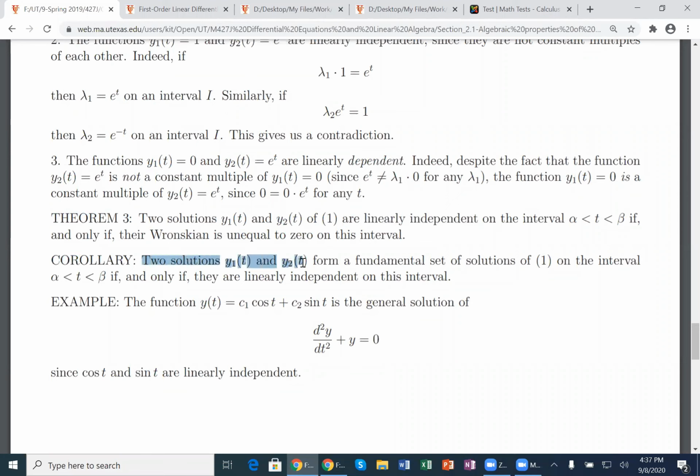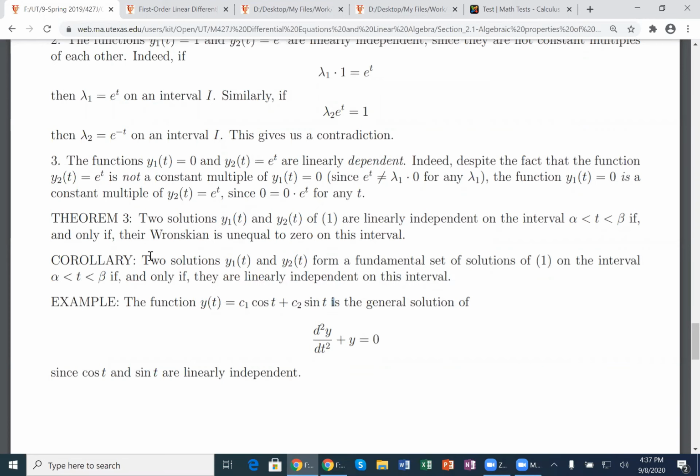Two solutions y1 and y2 form a fundamental set of solutions of 1 if and only if they are linearly independent on this interval.